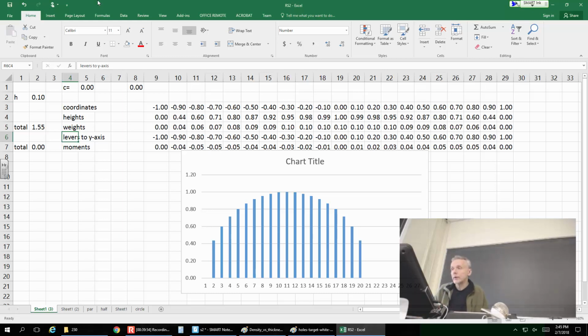If I have a point over here, suppose I have a mass located over here, then the mass is, whatever, depending on the size, but what is the lever relative to the x-axis?